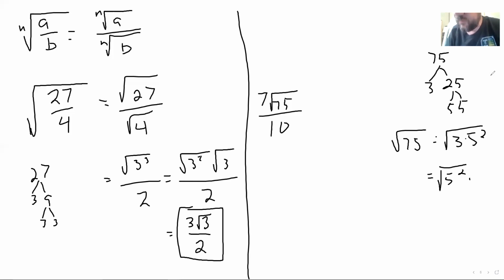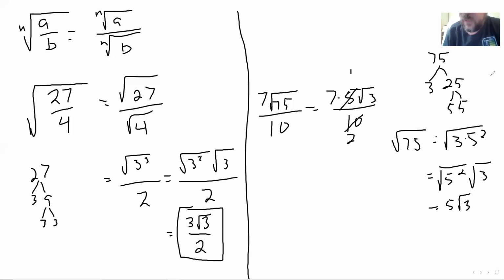The nice stuff that doesn't get simplified, 5 root 3. And so this 7 times the square root of 75 all over 10 is 7 times 5 root 3 over 10. And of course, the 10 and 5 cancel. And so what I end up with is 7 root 3 over 2.